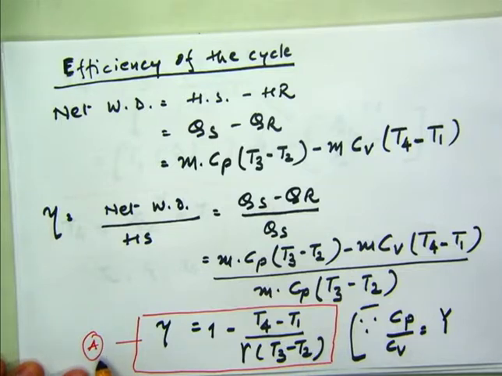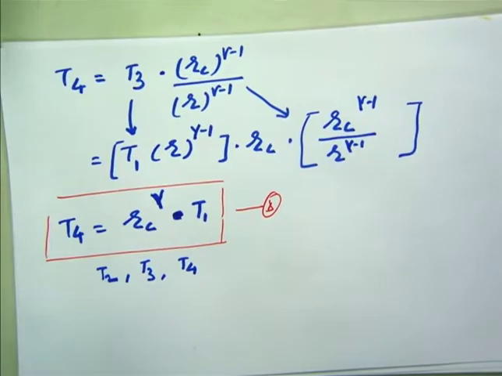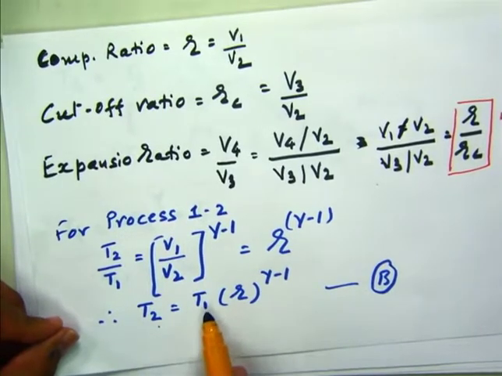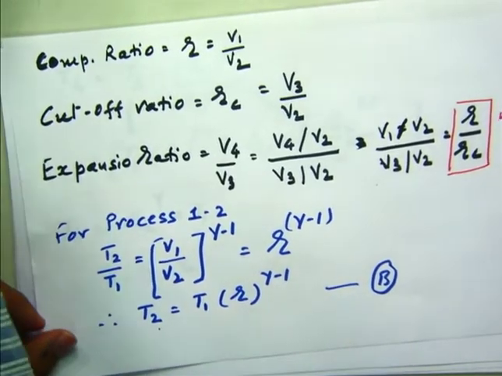T2 we have derived: T2 is equal to T1 R raised to gamma minus 1.